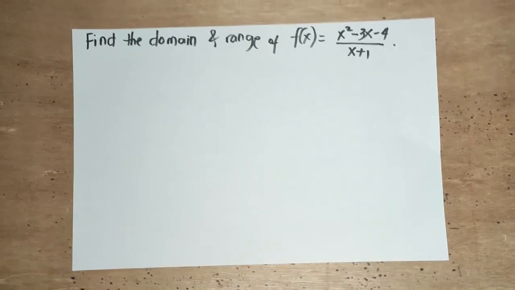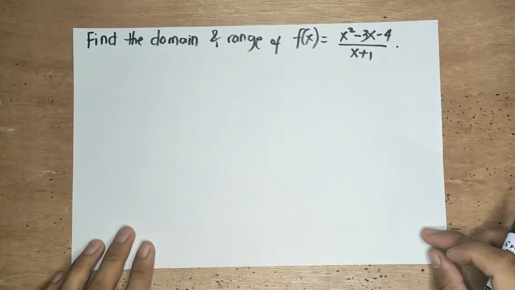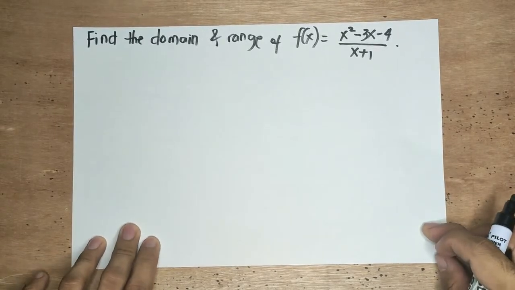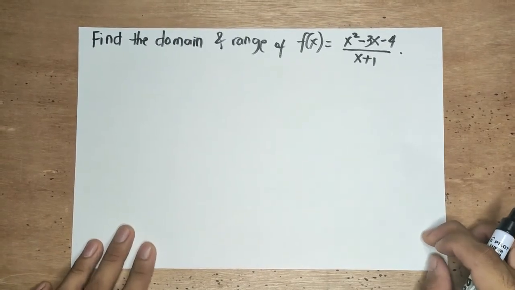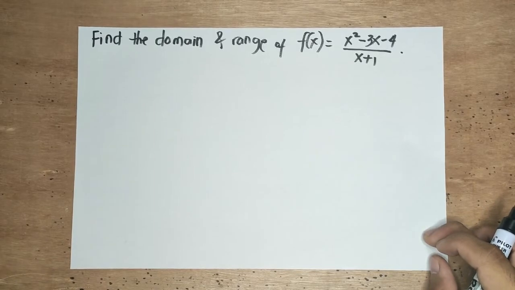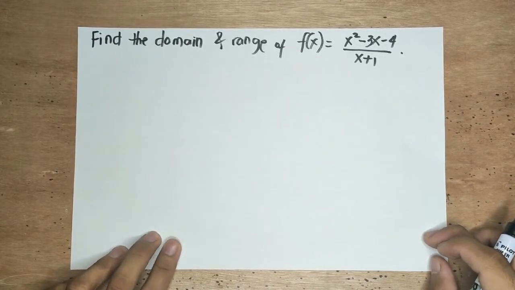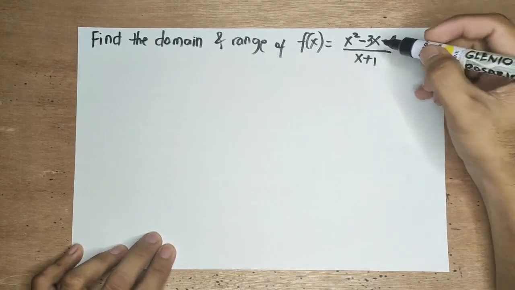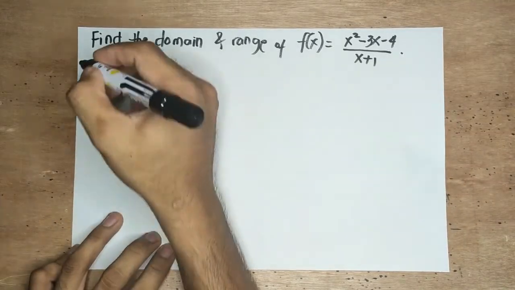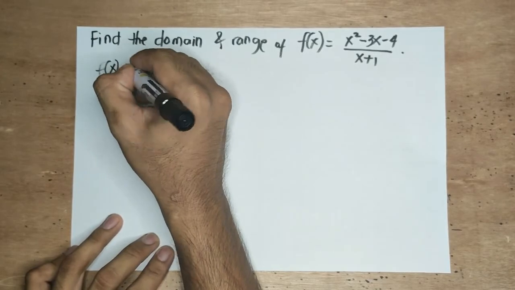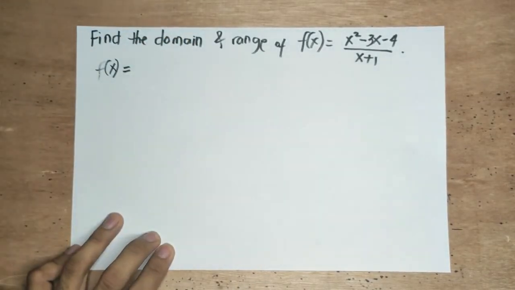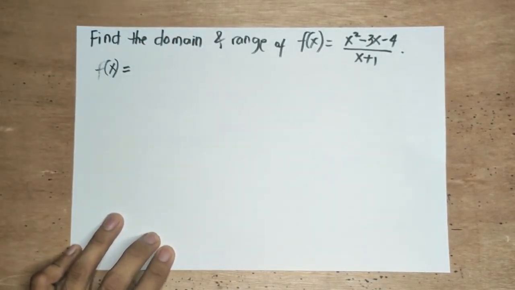Okay, so in this example, we find the domain and range of the function f of x is equal to x squared minus 3x minus 4 all over x plus 1. Okay, so how do we find the domain here? Before identifying, we try to figure out if may pwede tayong i-cancel out dito. At first glance, we can immediately say that the numerator is factorable.